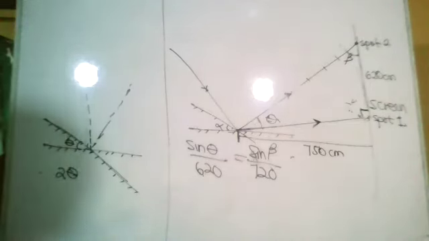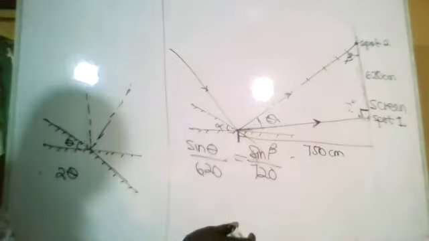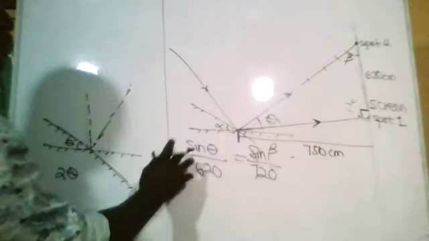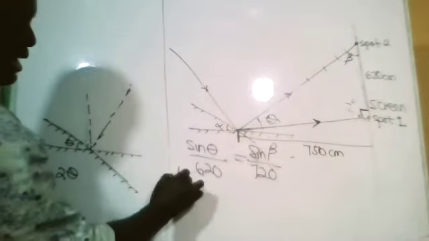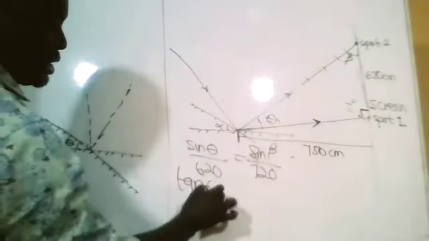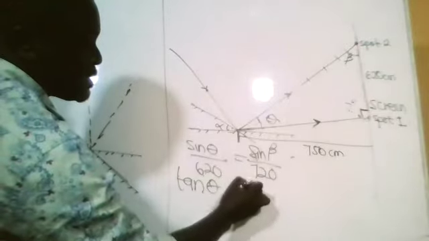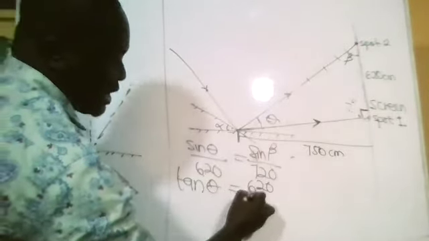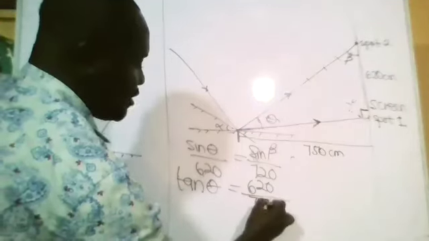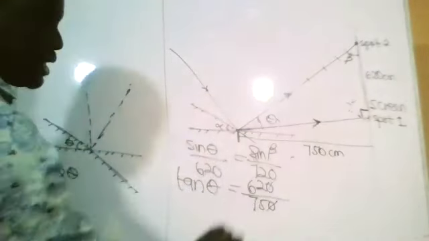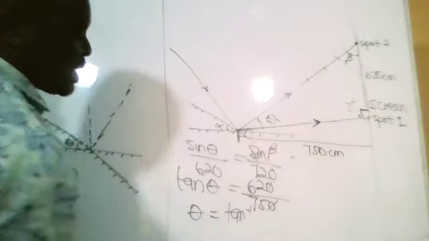If that is the case, then instead of using the sine rule, even though we can use it, we can easily use tangent. When we take tangent of this angle theta, it is equal to the opposite, which is 620, divided by the adjacent, which is 750. So we take the ratio and then take the tan inverse of the ratio to get our answer.